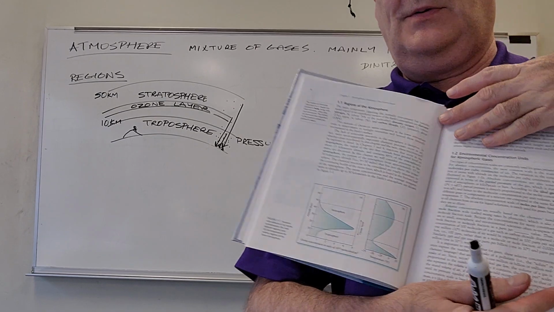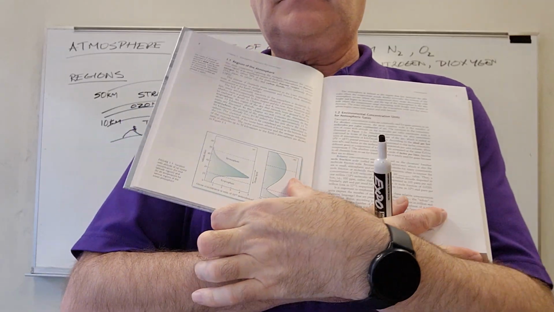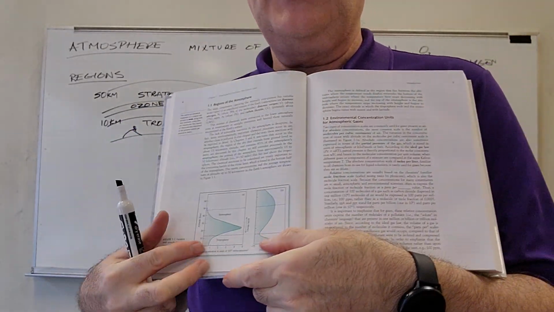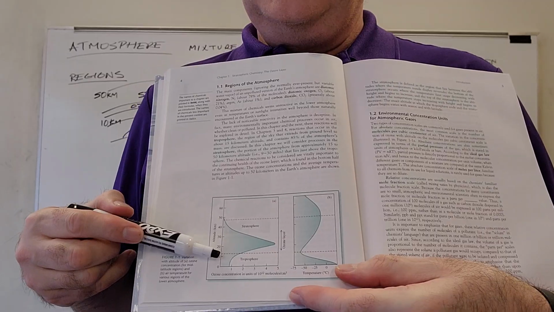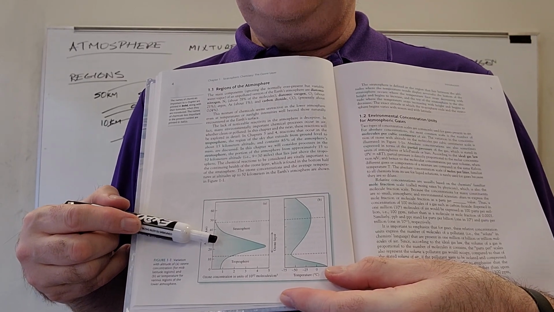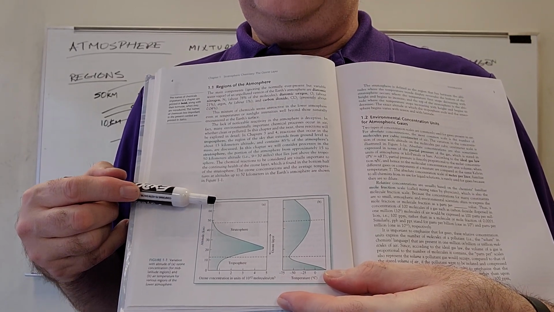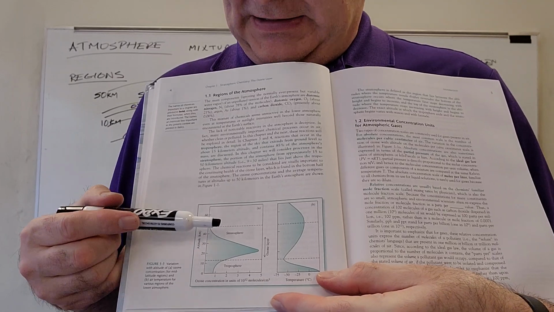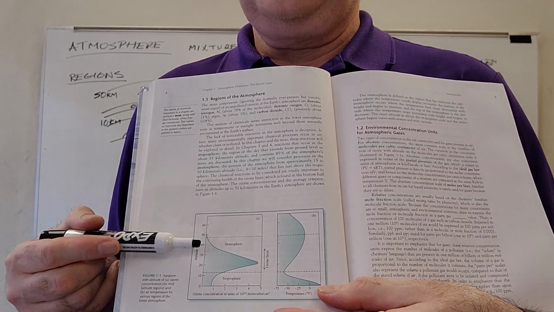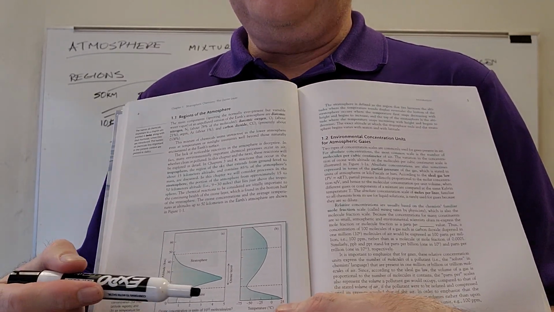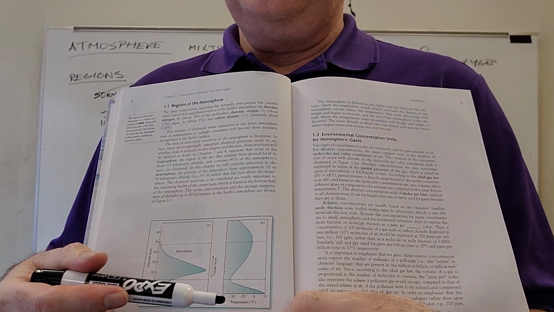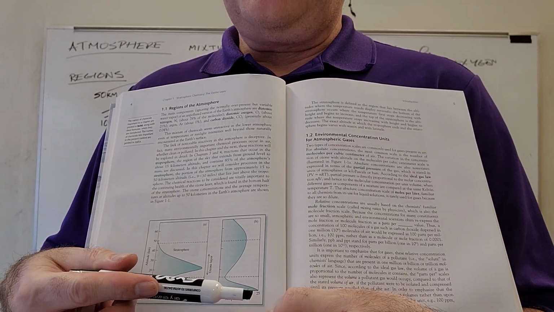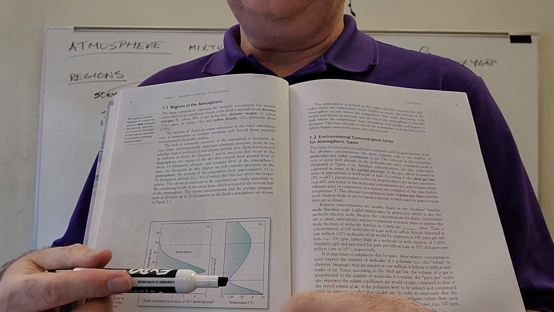I'll hold it up for people watching at home. So we have two diagrams on this page. This first diagram here shows the concentration of ozone as you increase altitude, and it definitely spikes right about here. And then this diagram talks about temperature. And the highest temperatures are on the planet's surface, and as you go up, that temperature decreases.